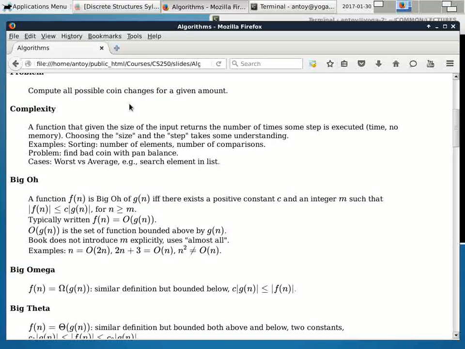The condition is like before, but now the old algorithm times a constant is smaller than the new algorithm. So the running time of the new algorithm, besides this constant, is bigger than the one you had before. If this happens, the new algorithm is a piece of junk and you can toss it away. Well, it's not a positive result, but at least you know it.